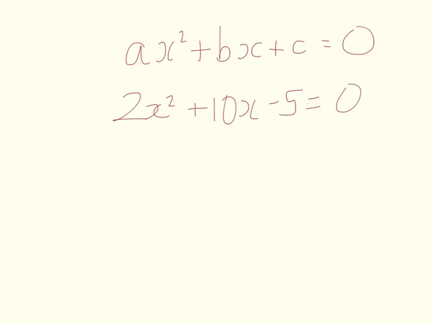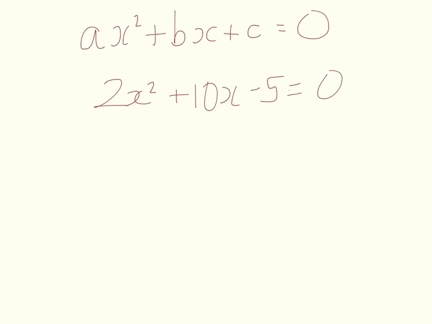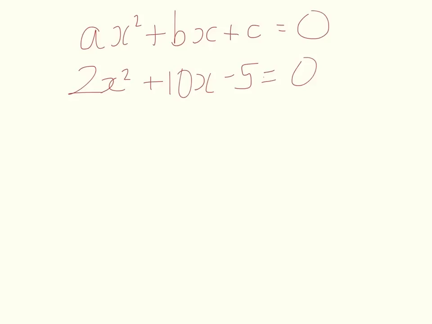When we're asked to solve a quadratic equation to a certain number of decimal places or to a certain number of significant figures, what that means is that we need to use the quadratic formula. So when it says do this to 2 decimal places, we need to use a quadratic formula.